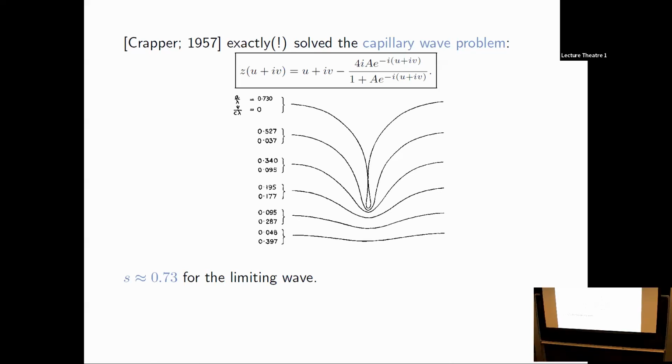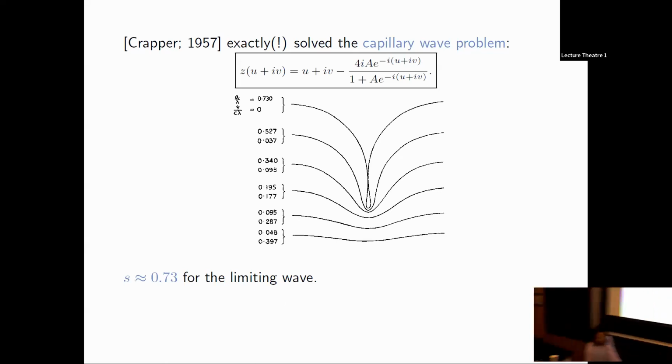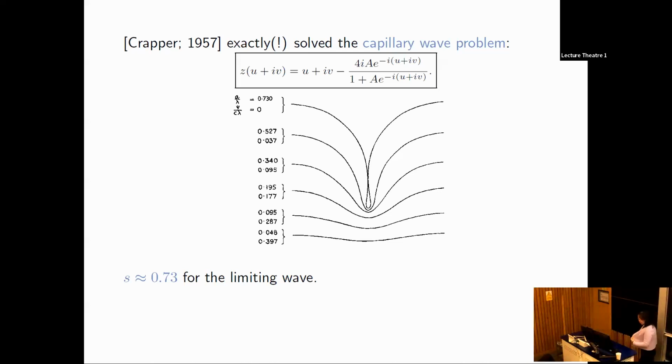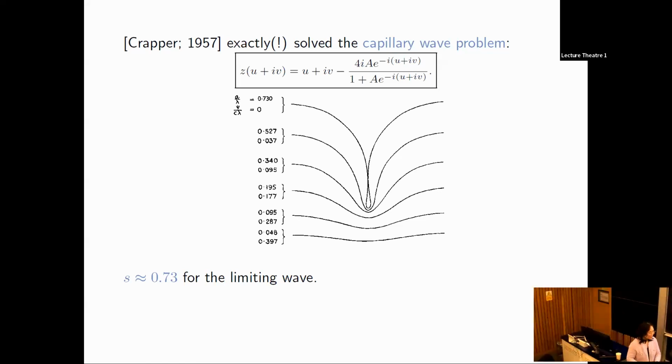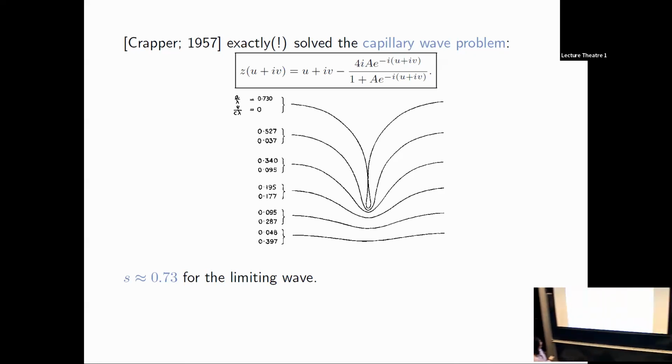Basically, this is a rational function with one pole in the complex plane. So it's no surprise. But if you have a formula, then you can do pretty much whatever you want. So you can plot all these solutions. And what you see is that the limiting wave is a touching wave instead of a corner wave like you see in the Stokes wave case. And this limiting stiffness is approximately 0.73.